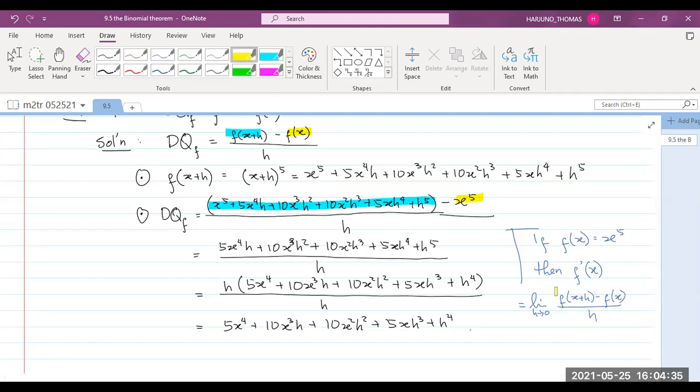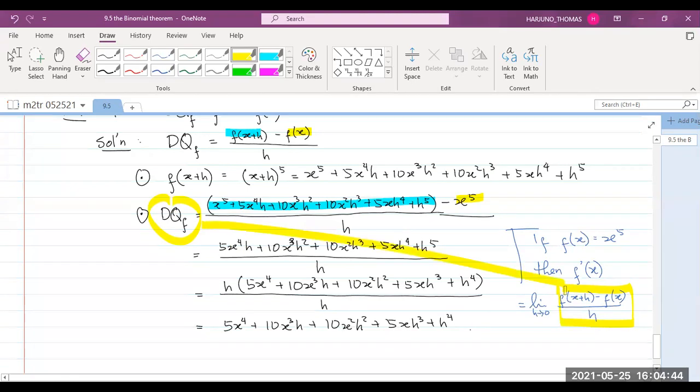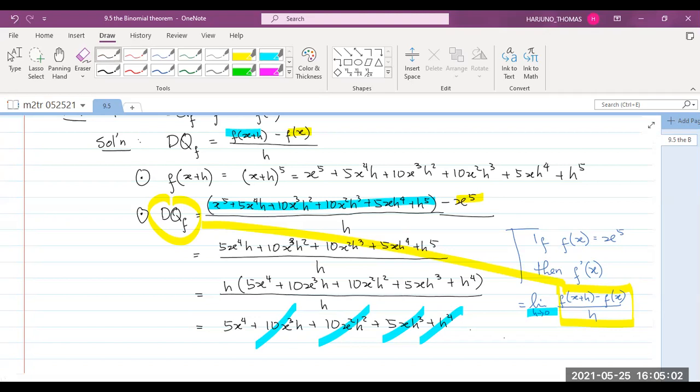Now, we have done this part. That's the difference quotient. In your calculus class you will send h to 0, so you will see this cancel, cancel, cancel, cancel. When h goes to 0, then the derivative of x to the 5th is 5x to the 4th, like that.